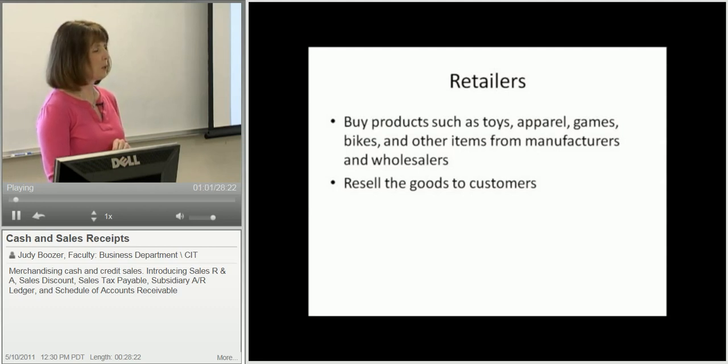What is the difference between a reseller and a wholesaler? Does a wholesaler make a profit? Okay. So what would be an example of a wholesaler? Costco, wholesaler.